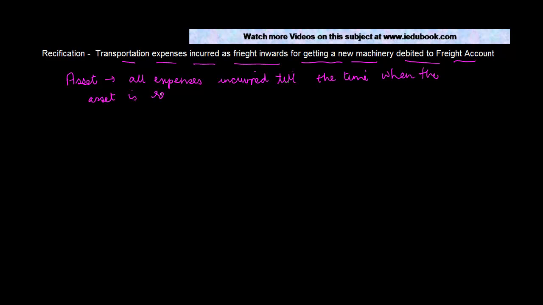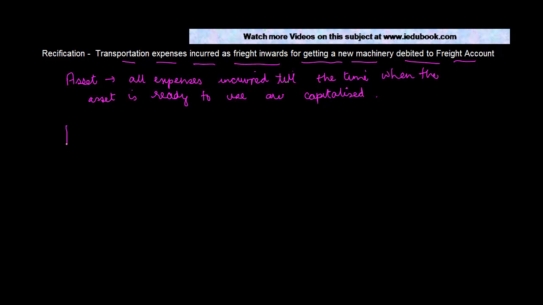Now, you must all remember that whenever you get a new asset, all expenses incurred till the time when the asset is ready to use are capitalized. Okay, so this is the position basically, right?